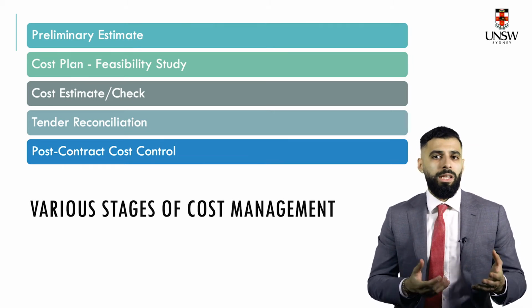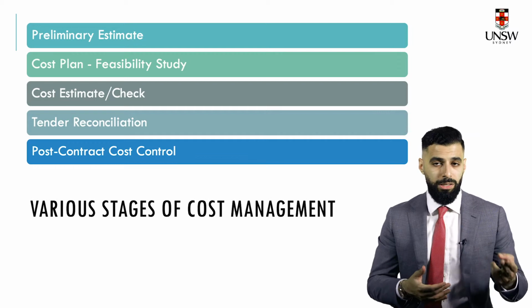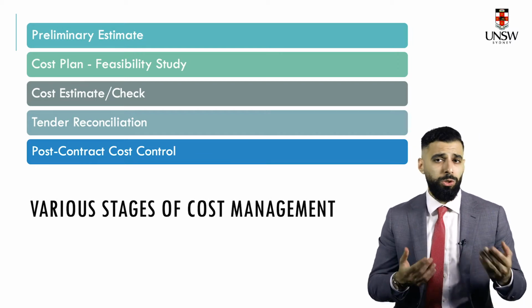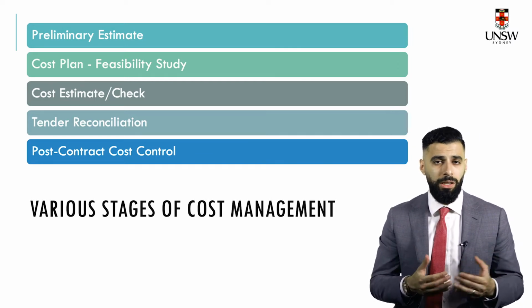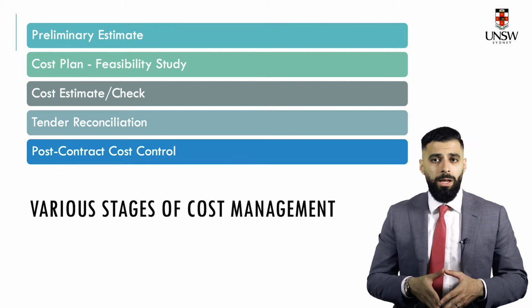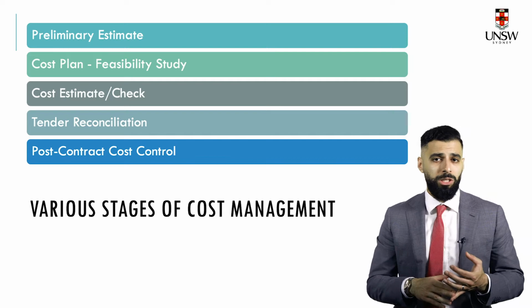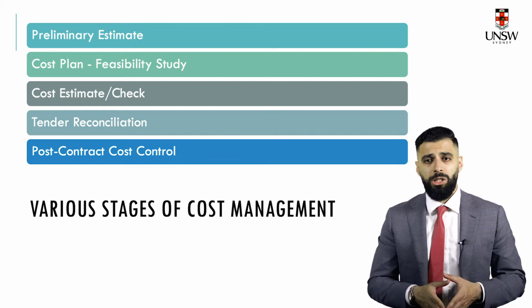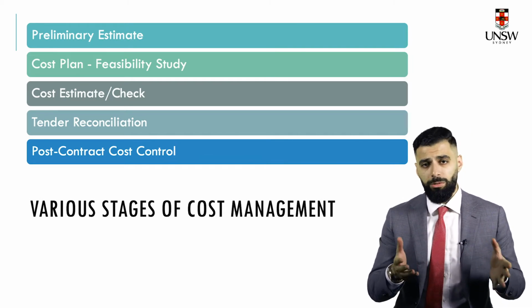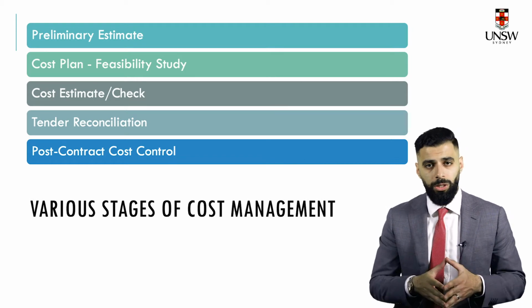A cost plan is then developed, so that's the second step. It's usually as part of a feasibility study that you would develop this cost plan, and the cost plan would help you in determining the viability of the project, setting budget expectations, and in applying for loans or funding to complete the work.